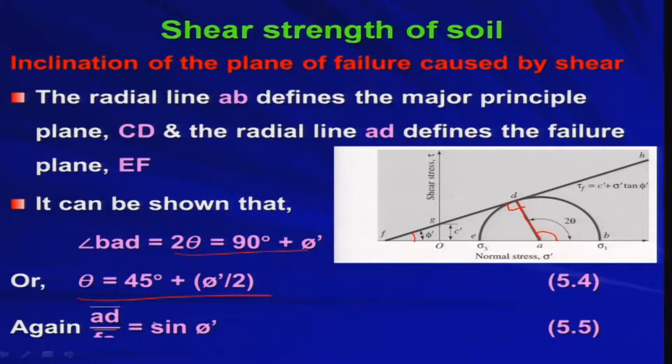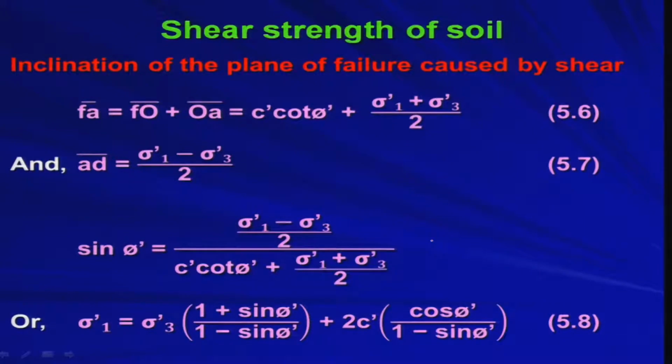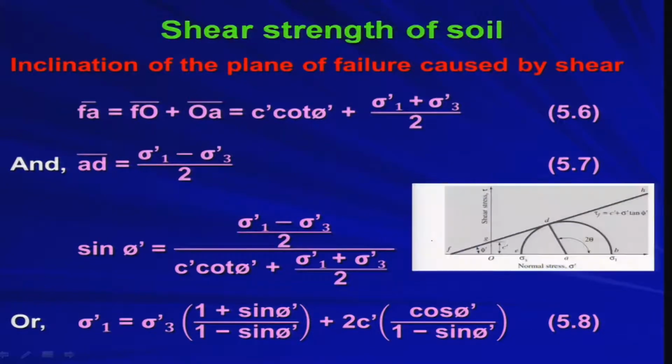Now, AD by FA is equal to sin phi prime, because this angle is 90 degrees and this angle is phi. Now, FA is equal to FO plus OA.